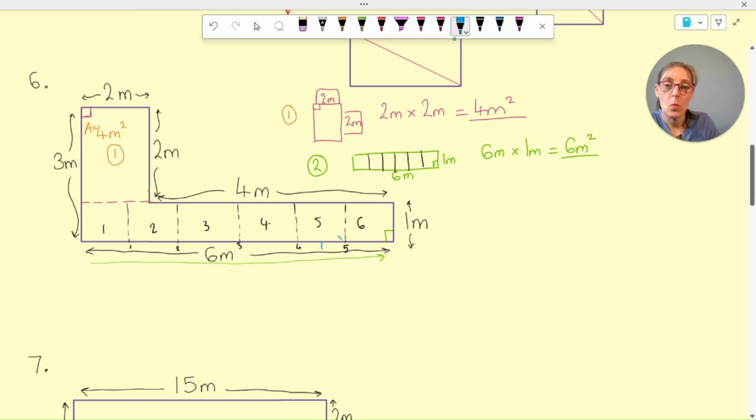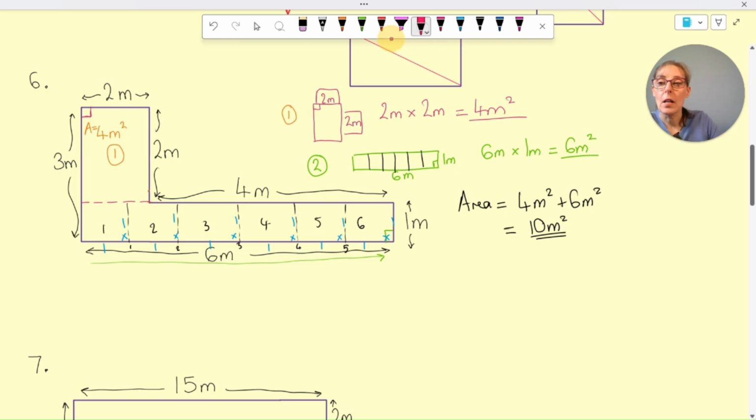So this is 1 times 1, this is 1 times 1, and so on. So we've got 1 meter squared, 2 meters squared, up to 6 meters squared. So the total area for this is 4 meters squared plus 6 meters squared, which equals 10 meters squared.